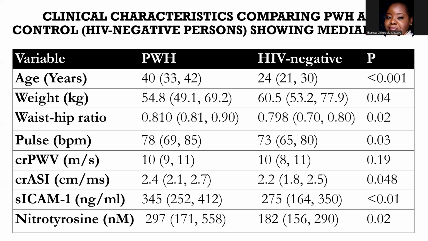Table 1 showed a few interesting markers. Not all of them are shown here, but I'd like to draw your attention to the fact that carotid-radial arterial stiffness, sICAM-1, as well as nitrotyrosine were markedly increased in people with HIV.